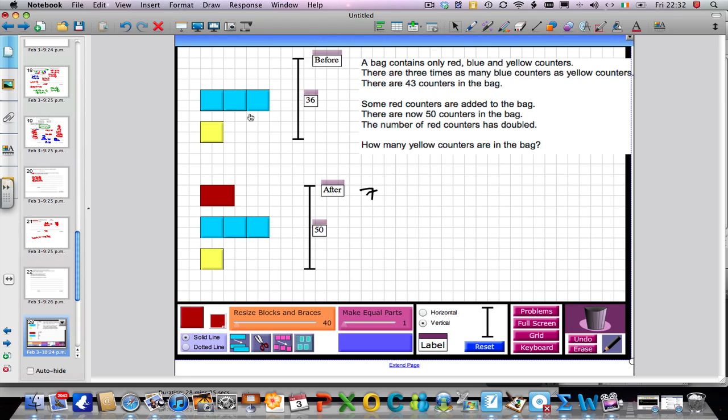That means the 4 equal parts of counters must count to 36. That means the number of yellows would be 36 divided by 4, which gives us 9. So the yellow block on its own, the number of yellow counters, must be worth 9.